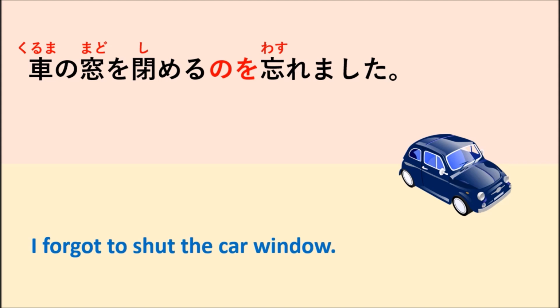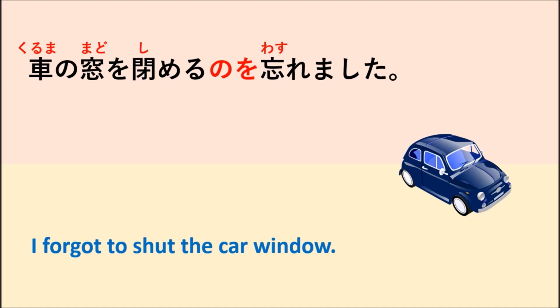For example, 車の窓を閉める means shut the car window. And after that, you want to explain the situation of shutting the car window, so you can use 忘れました.